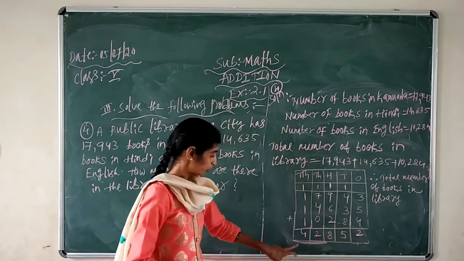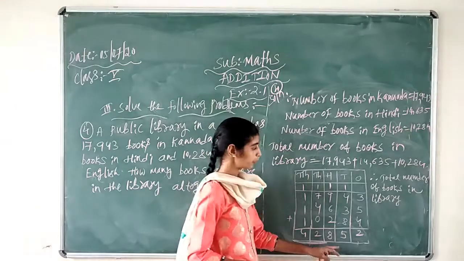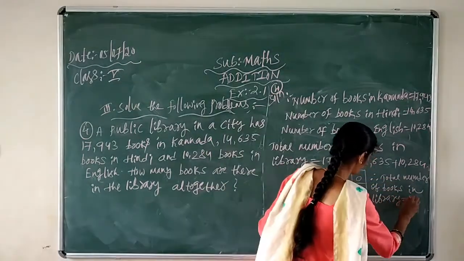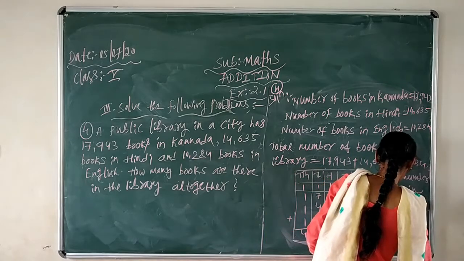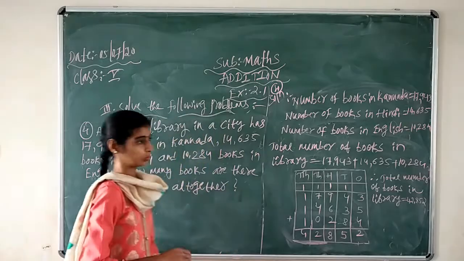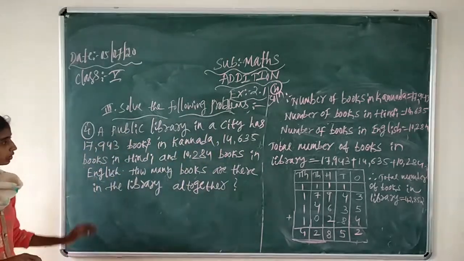How many are there? 42,852. Therefore, total number of books in library equals 42,852. I hope you all understand.